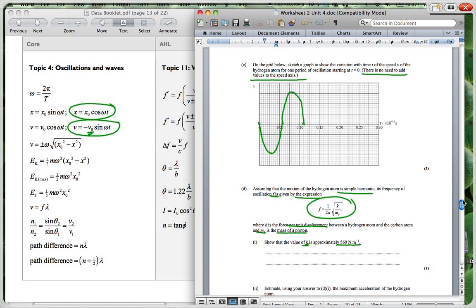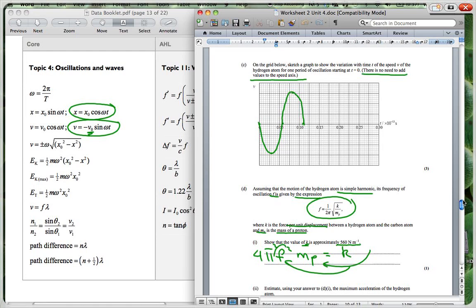So we have our value for frequency. We've already determined that. So I can just change this formula around. This is going to be f squared times 4 pi squared, taking the square of that, times MP, will equal K. Then I can just substitute all my values into that.